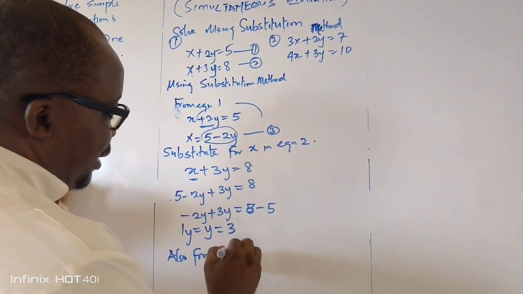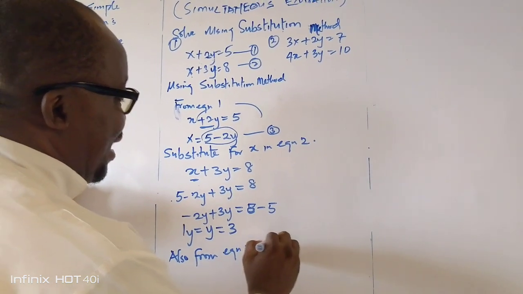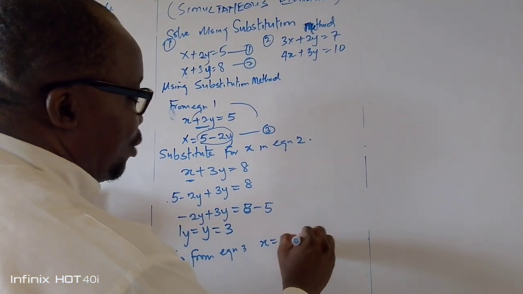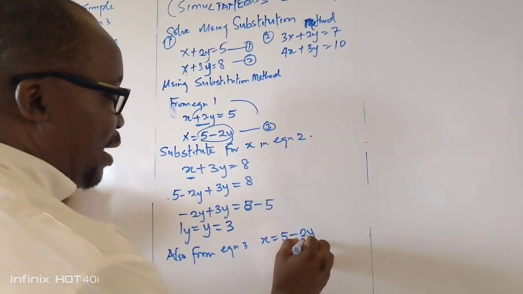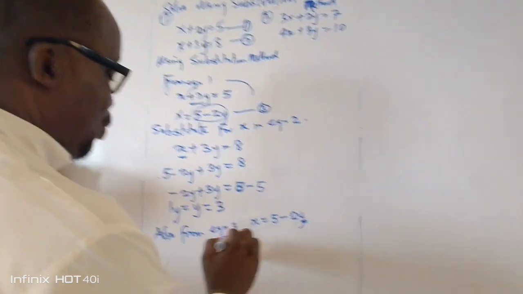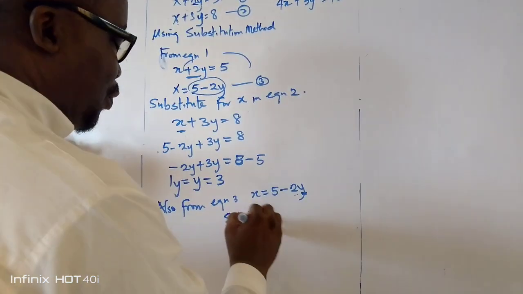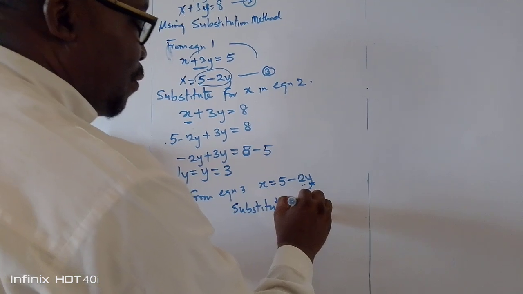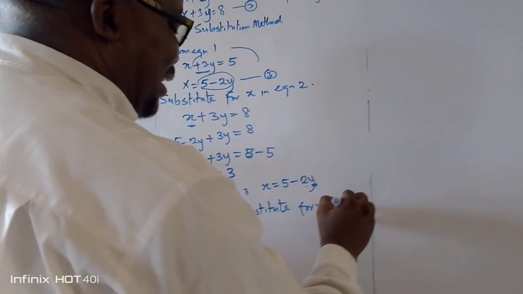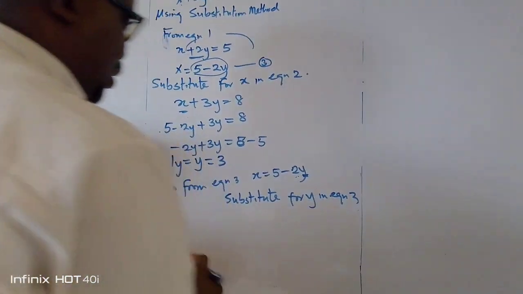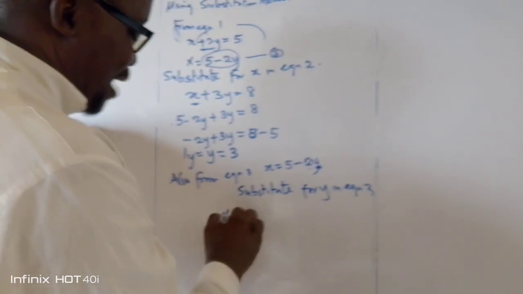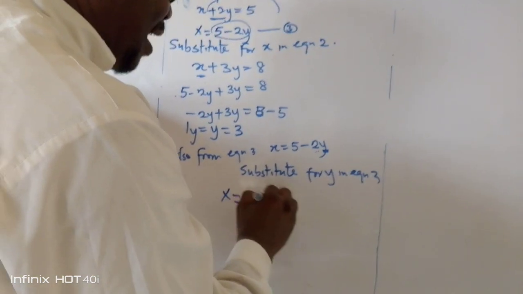Also, from equation 3, my x is equal to 5 minus 2y. So anywhere I see my y, I will substitute. Substitute for y in equation 3 to get x. So this is my equation 3, 5 minus 2y.